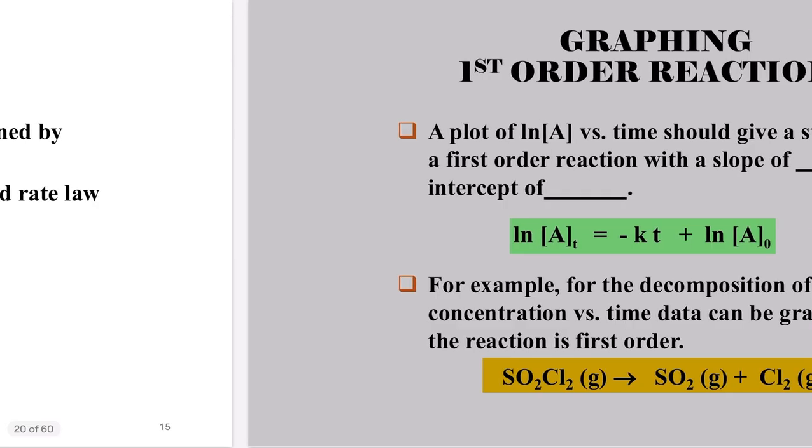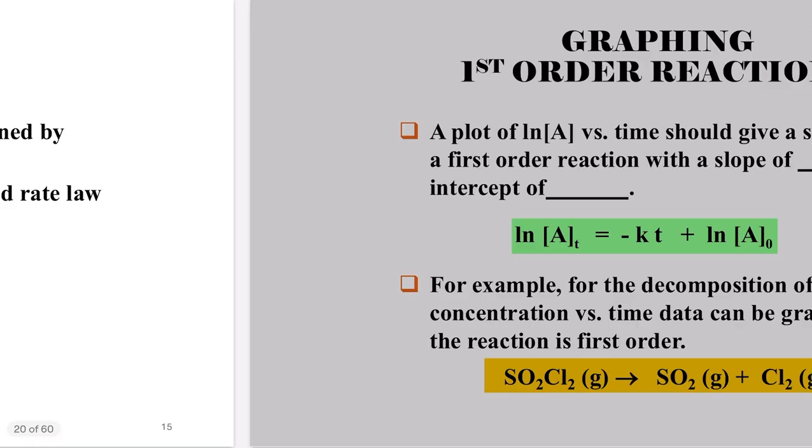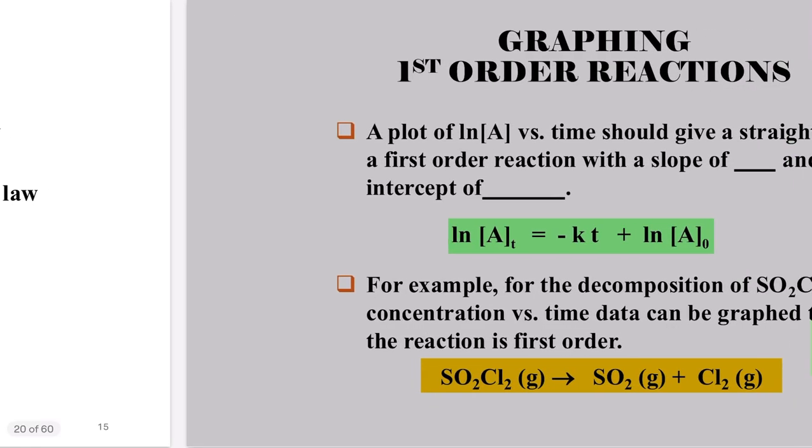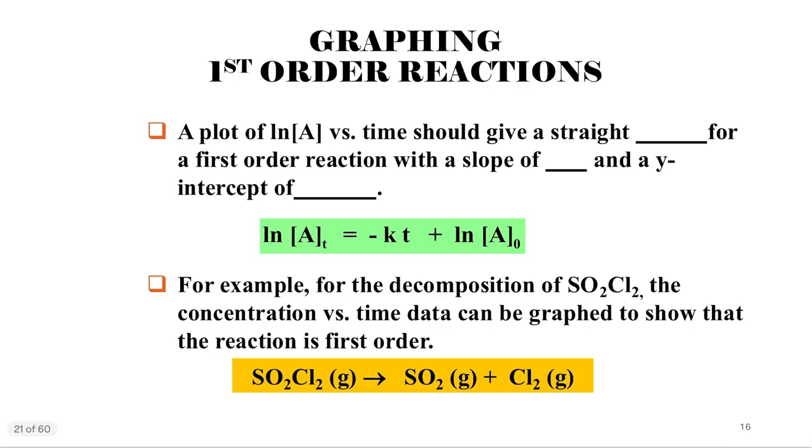Then we can determine the order by plotting it different ways and seeing which one looks like a line. Again, we have a straight line for a first order reaction when we plot the natural logarithm of A versus time, with a slope of minus k and a y-intercept of the natural logarithm of the initial concentration.